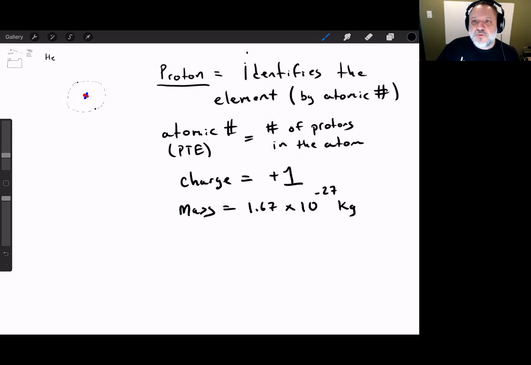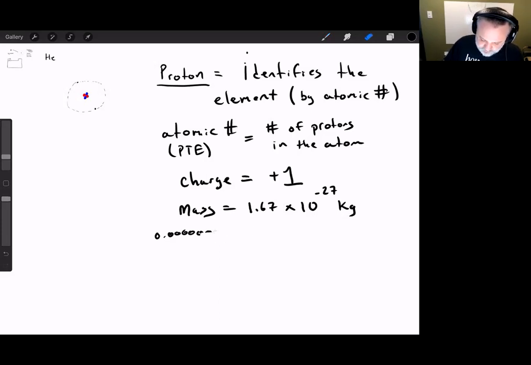But I think at this point, we don't want to deal with that. That's too small of a number. So that's like 0.00000000000. Oh, I already lost count. So let's not use kilograms.